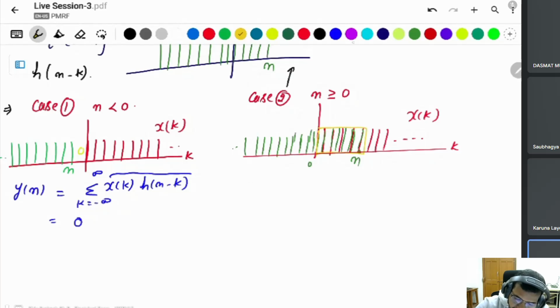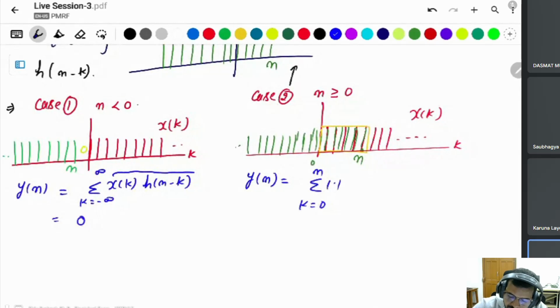Then yn is equal to summation of k is equal to 0 to n of xk, where xk is 1, into hn minus k, also 1 because of the magnitude of 1.